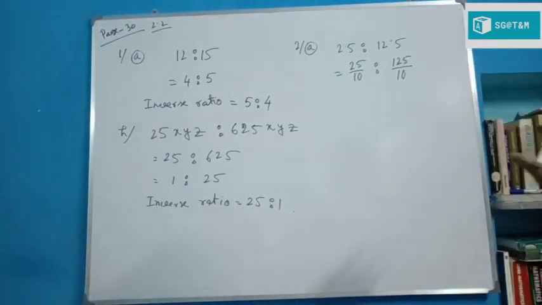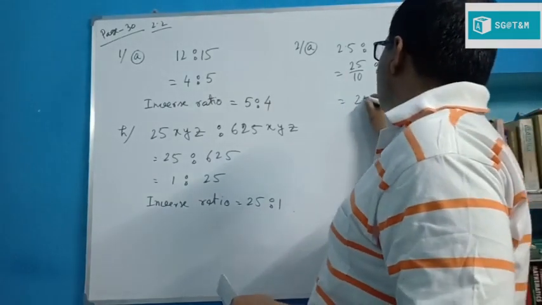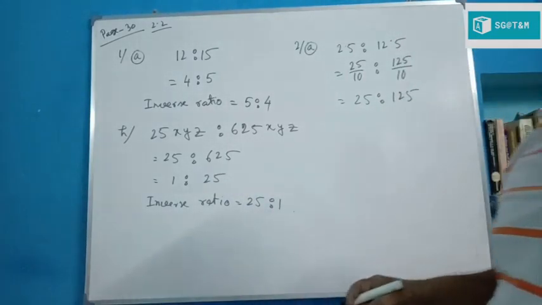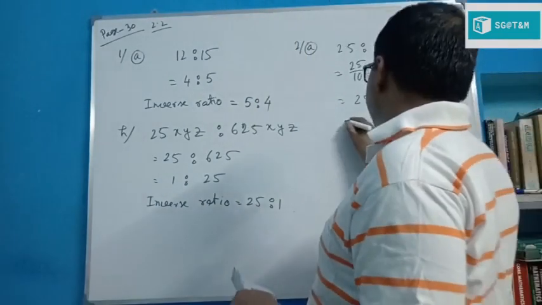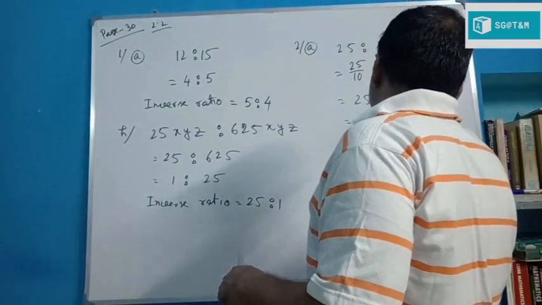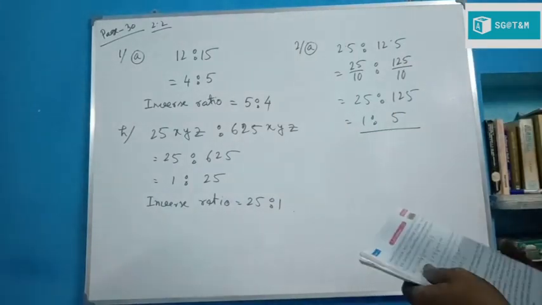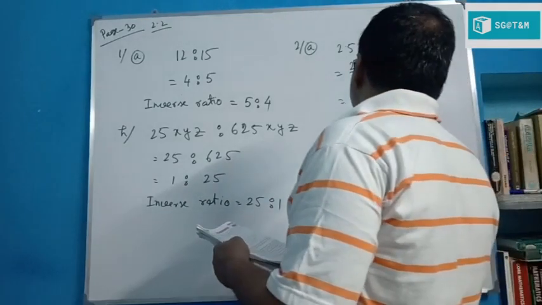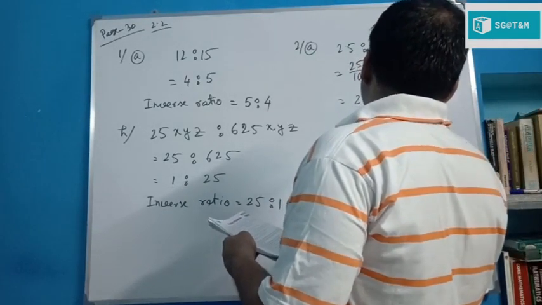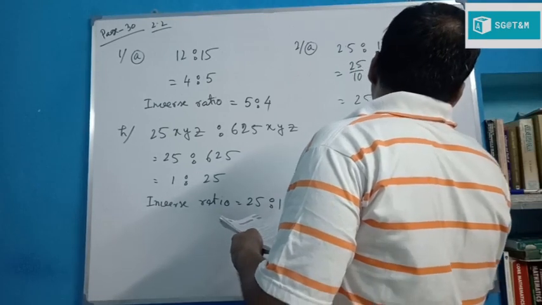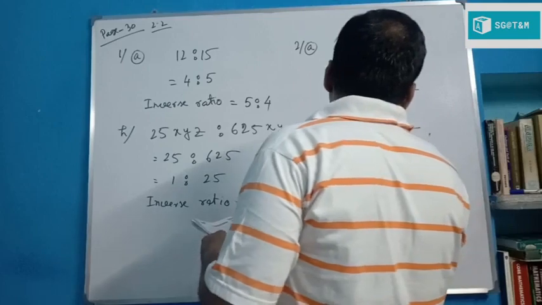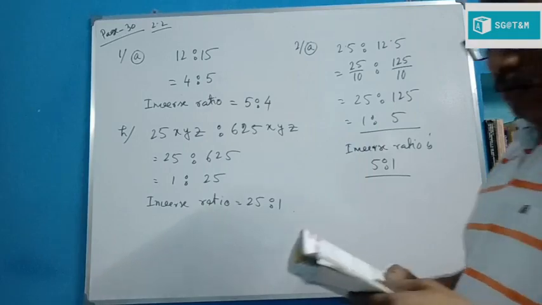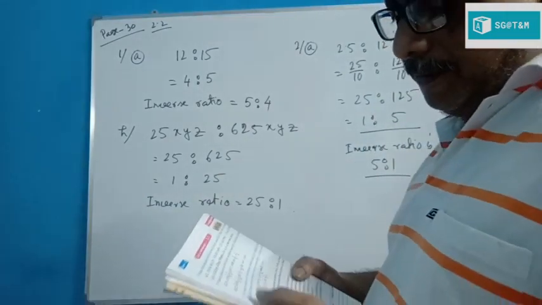Now if we multiply both by 10, we get 25 is to 125. Again, dividing both by 25, we get 1 is to 5. This is in simplified form and reduced into whole numbers, and the inverse ratio is 5 is to 1. Very easy.